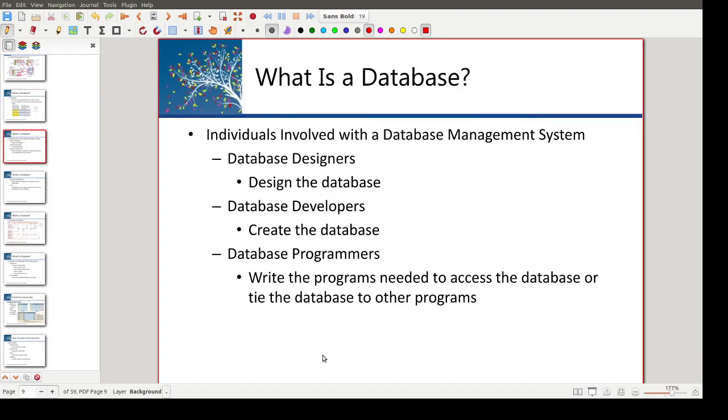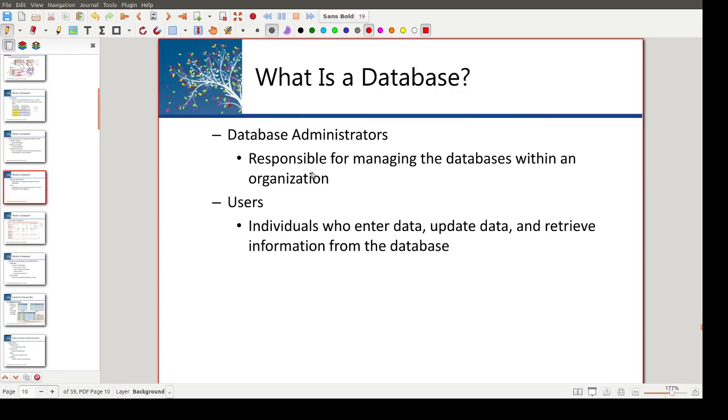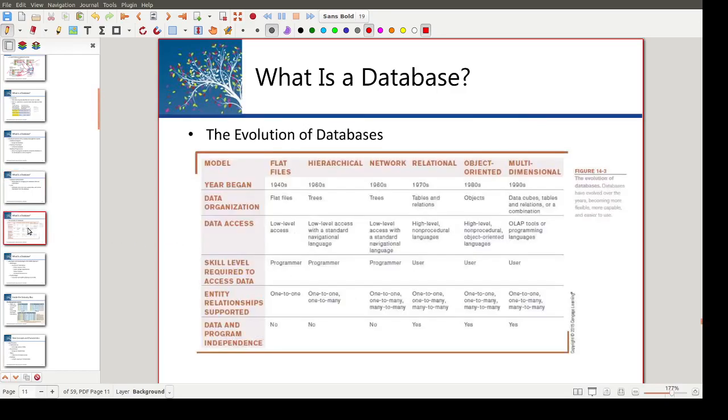This is a job for a database programmer. In every organization, you have a database administrator who is responsible for managing databases within the organization, and you also have users who make queries, enter data, and update data using the forms available to them.